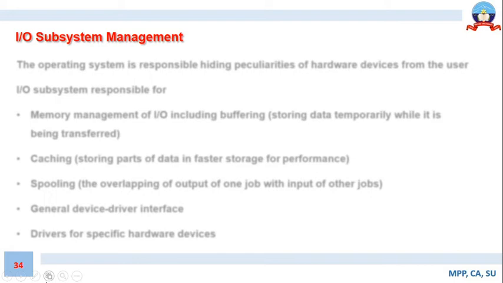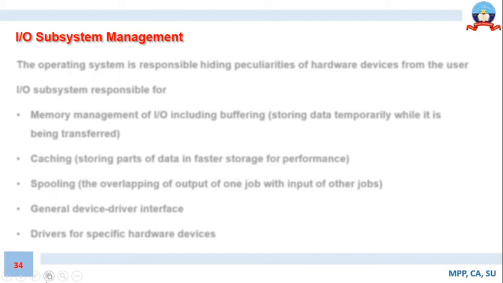Now, attached to a computer system, there may be different types of IO devices that enable the user to perform purpose-specific business. One of the important responsibilities of the operating system is to enable the user to use the IO devices without having to worry about the underlying hardware complexities or peculiarities associated with the IO devices.